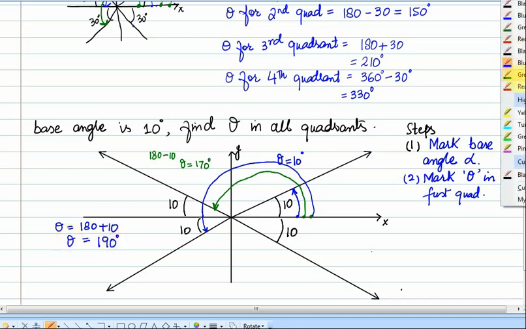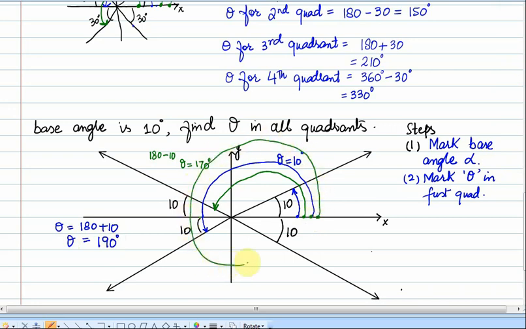And for the last, starting from the positive x-axis and moving a whole circle, it gives me the value of 360. But I don't need this 10 because I need to reach this line present in the fourth quadrant. So theta is equal to 360 minus 10, and that is equal to 350 degrees. So that's how you find the angle theta in the respective quadrant.